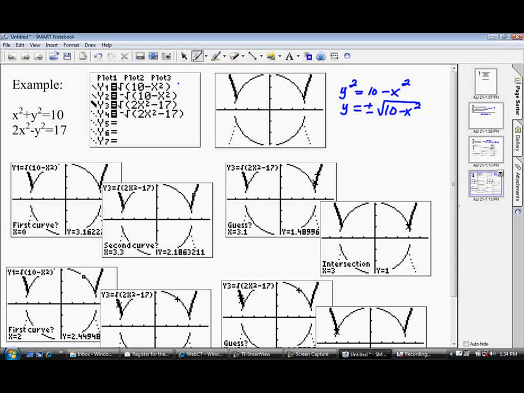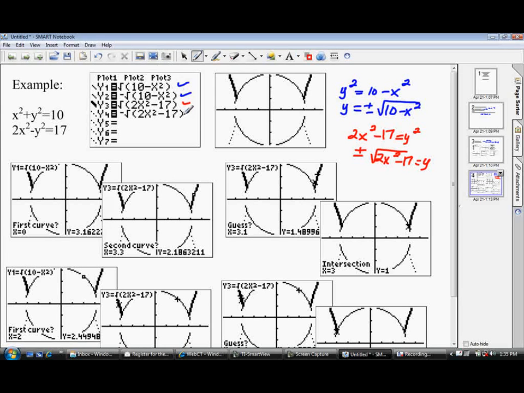So you can see my y1 and my y2 are that first equation in my system. For 2x squared minus y squared is equal to 17, I would have 2x squared minus 17 is equal to y squared. So y is going to be plus or minus the square root of 2x squared minus 17.